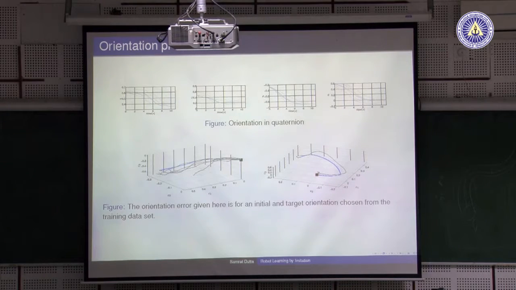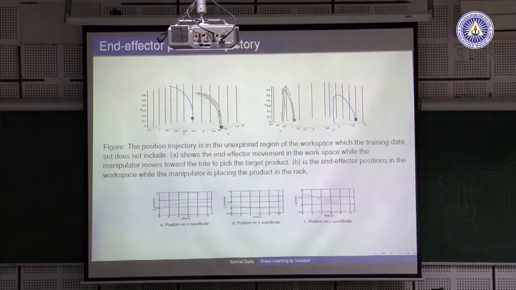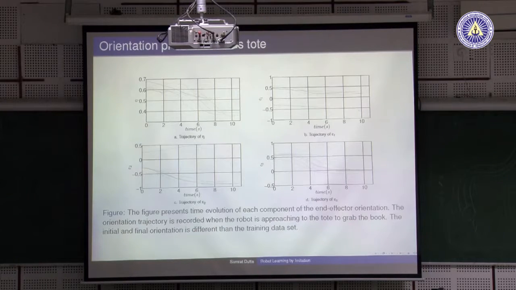This is the orientation response and that is the position response, one for picking and one for when it is keeping the object, for each individual trajectory.